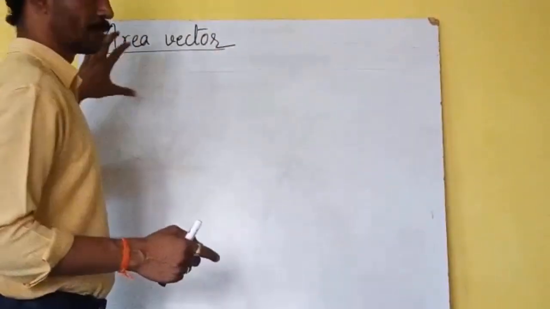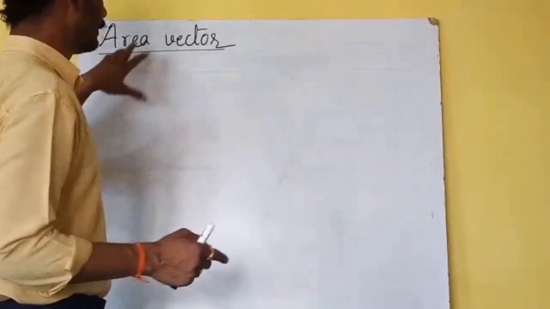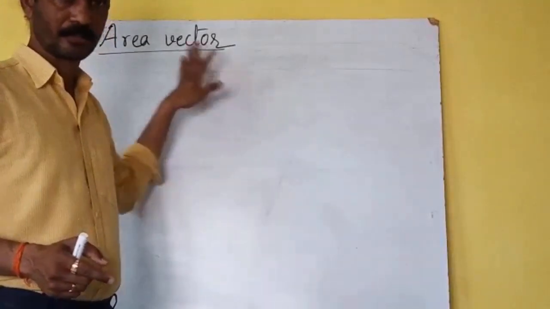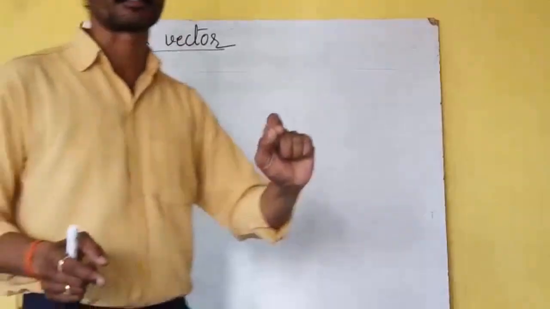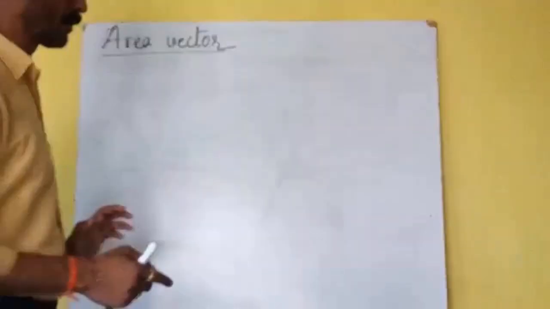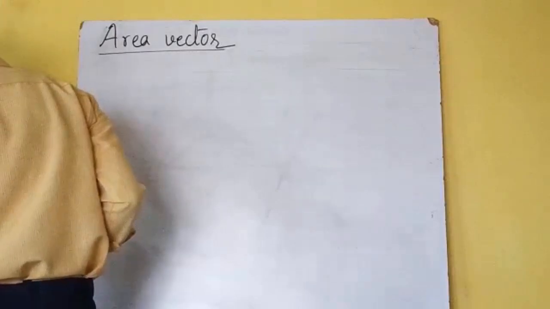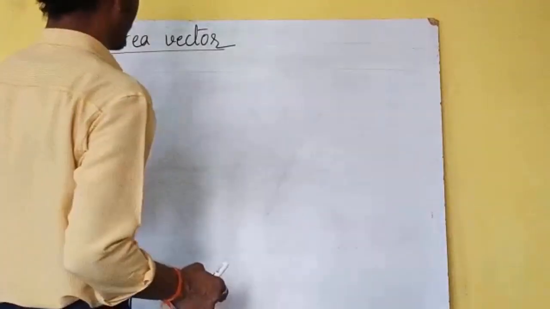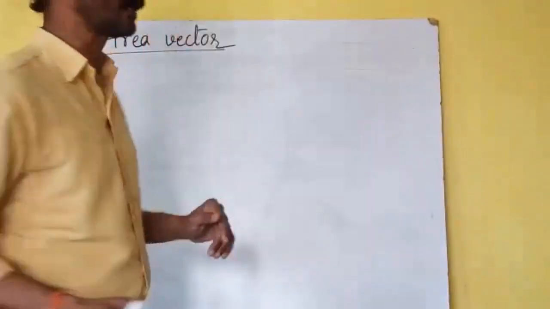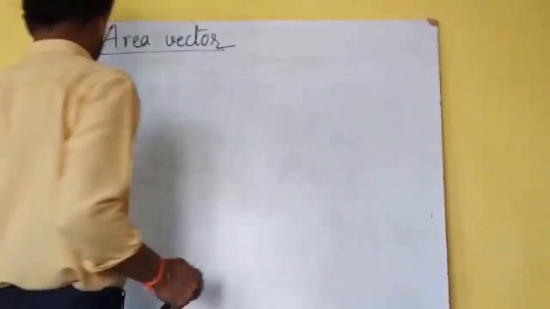This is represented by a vector called area vector. In such cases, the area of the surface can be represented by a vector called area vector.